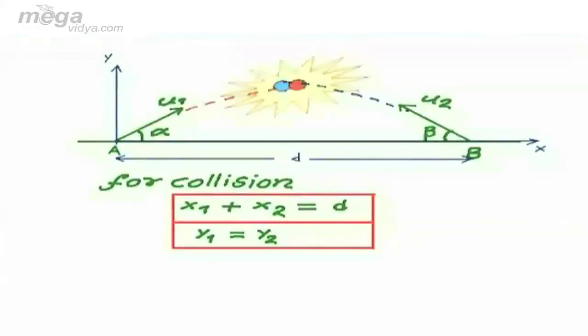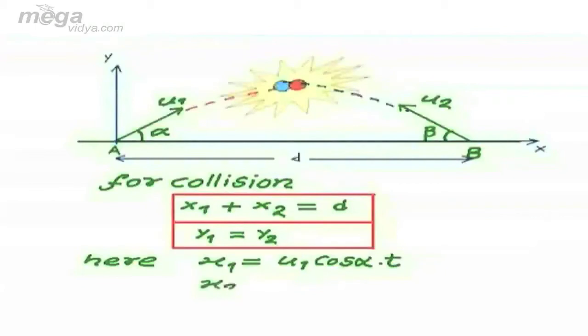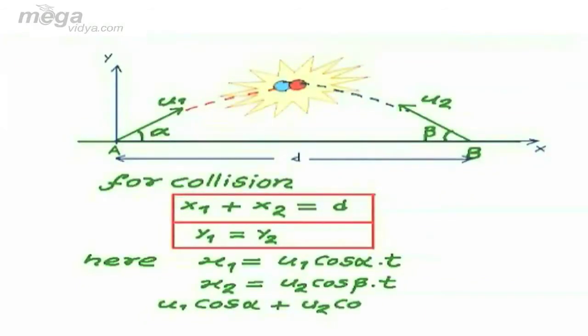We use the values x1 equal to u1 cos alpha into time t, and x2, in magnitude only, equal to u2 cos beta into t. By using these two equations, we can write that u1 cos alpha plus u2 cos beta, into time, must become equal to d.